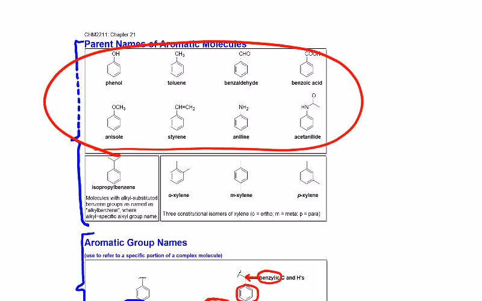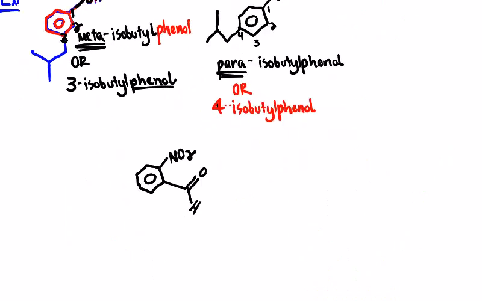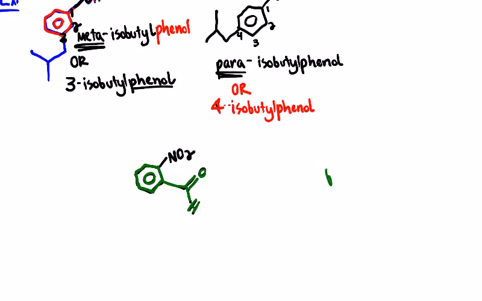So our parent name here, as a result, will be benzaldehyde. Our CHO there is our abbreviation for an aldehyde. So we've got our aldehyde group here. So our parent name is going to be based on that aldehyde. So our parent name is going to be benzaldehyde.